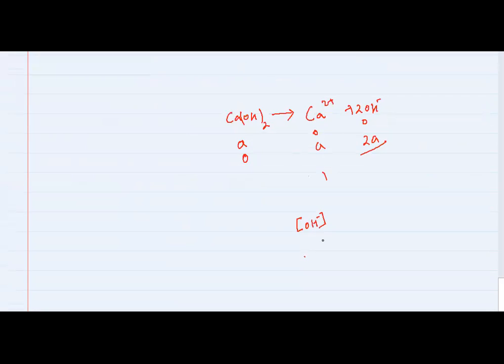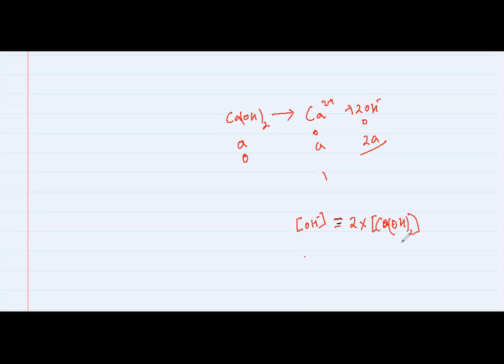Yeah, tell me. Concentration of OH minus. It is given as what? It is 2 into concentration of C(OH)2.